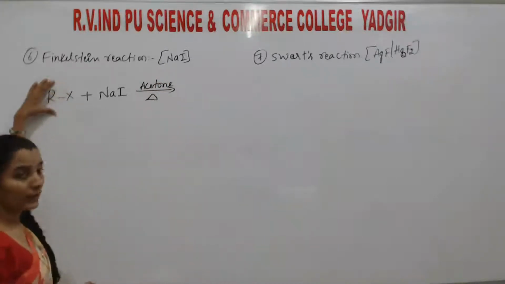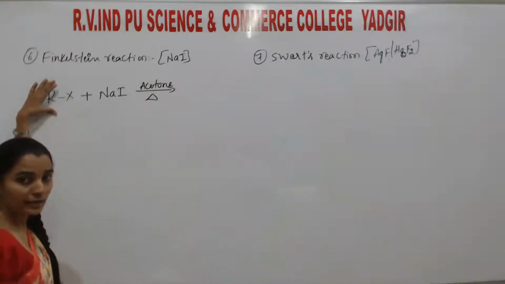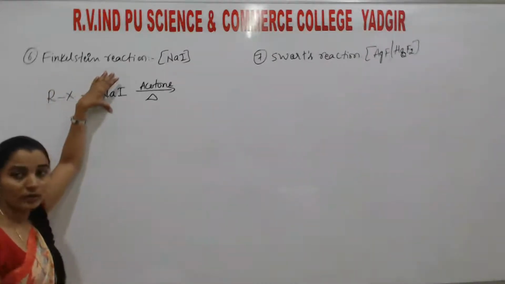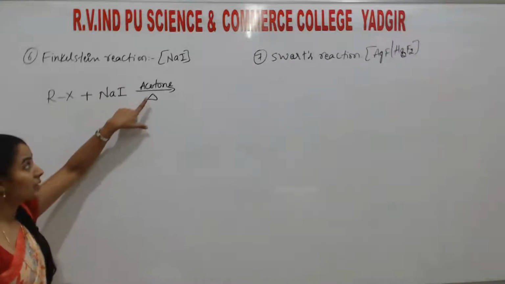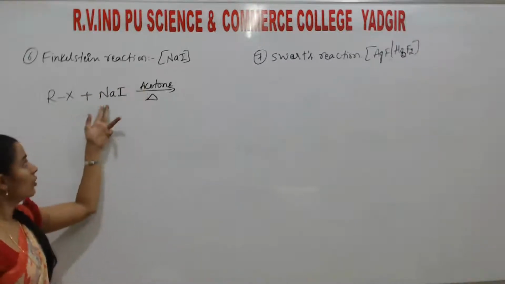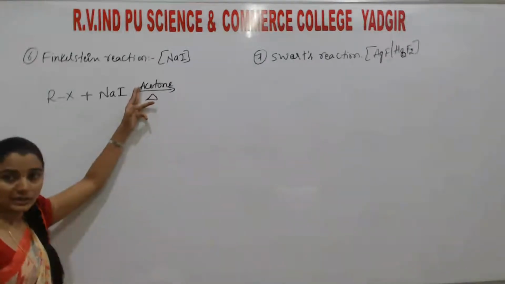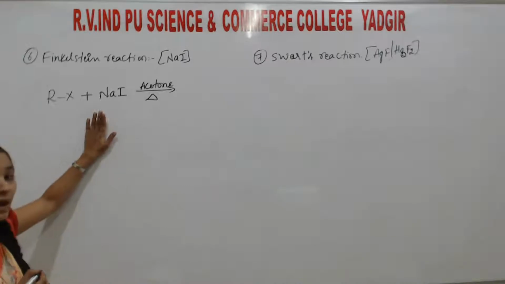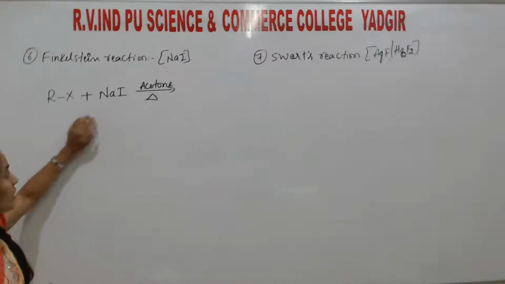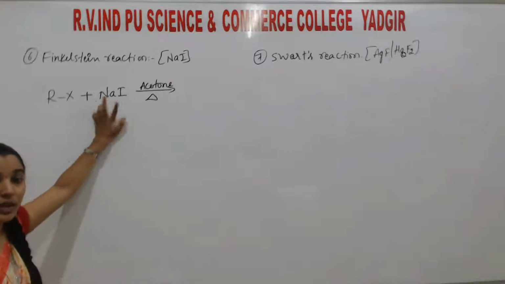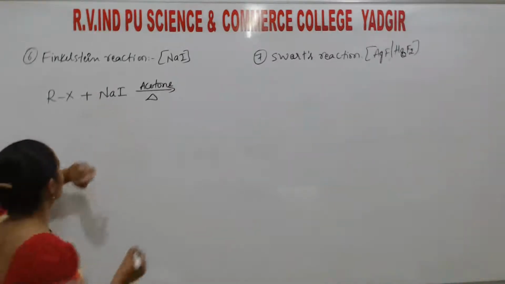Means alkyl or aryl halides made to react with sodium iodide are heated in presence of acetone. Gives what? As I told you, this is a halogen exchange reaction. Here which is the halogen X, here which is the halogen I. Their exchange takes place.